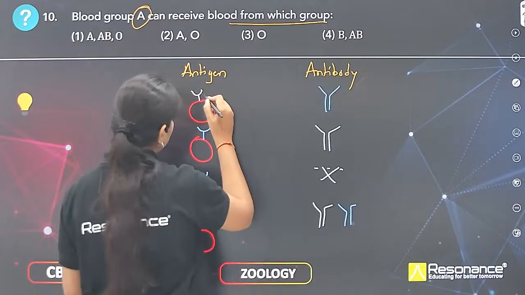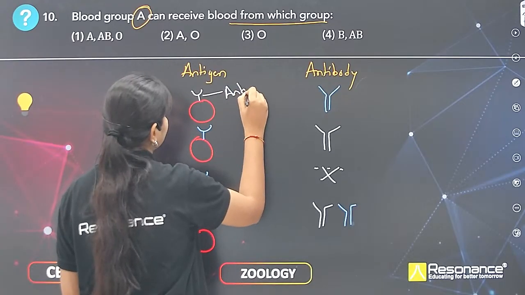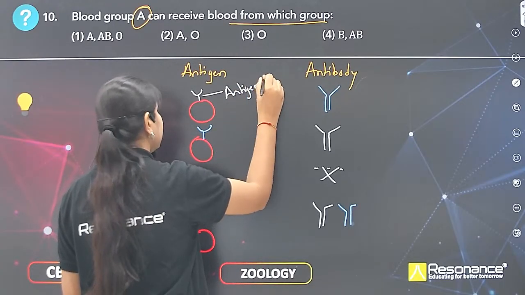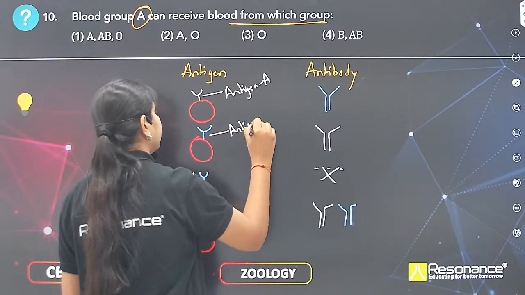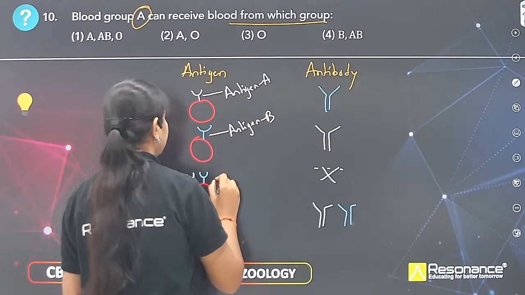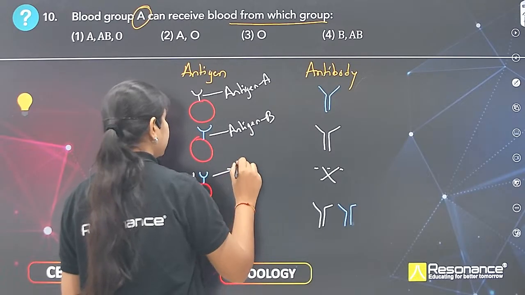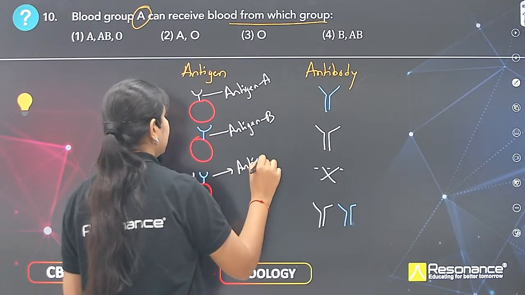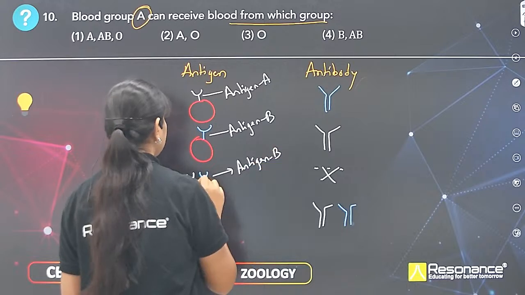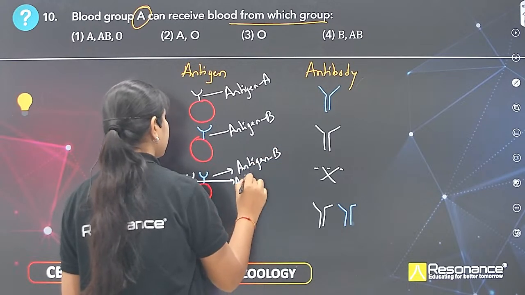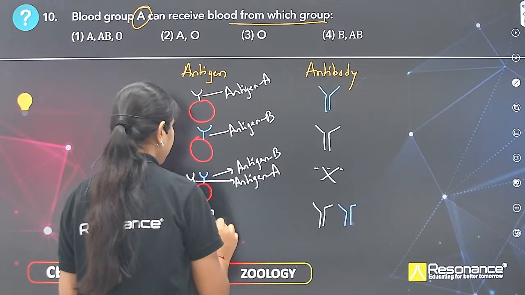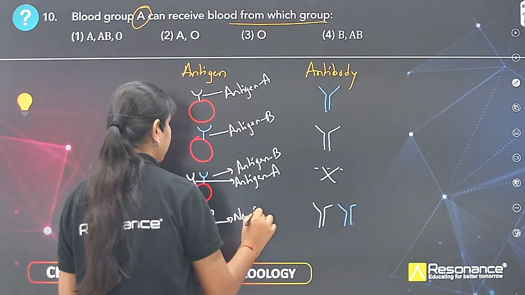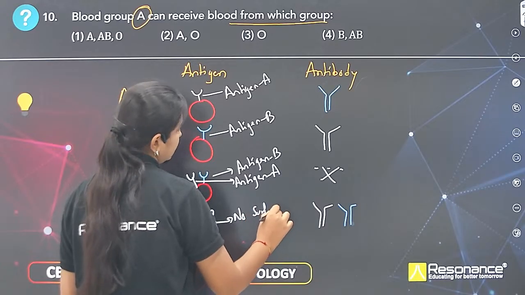Okay. Now this is your antigen A. This is your antigen B. This is your both, antigen B and antigen A, and here you have no surface antigen.